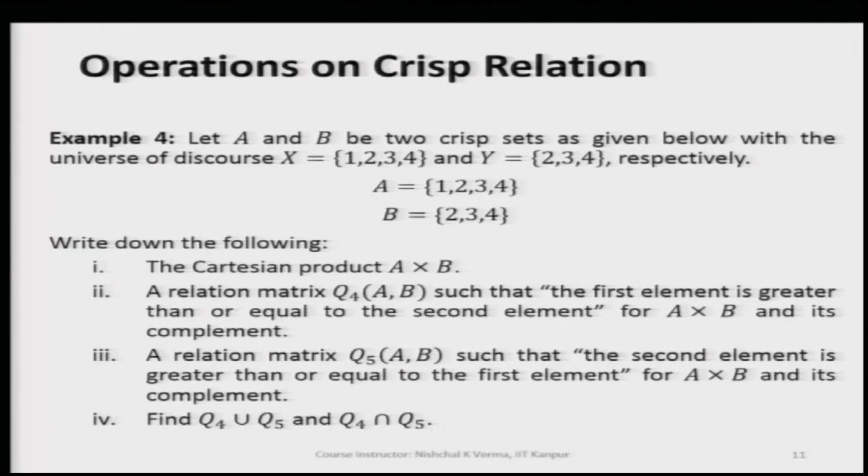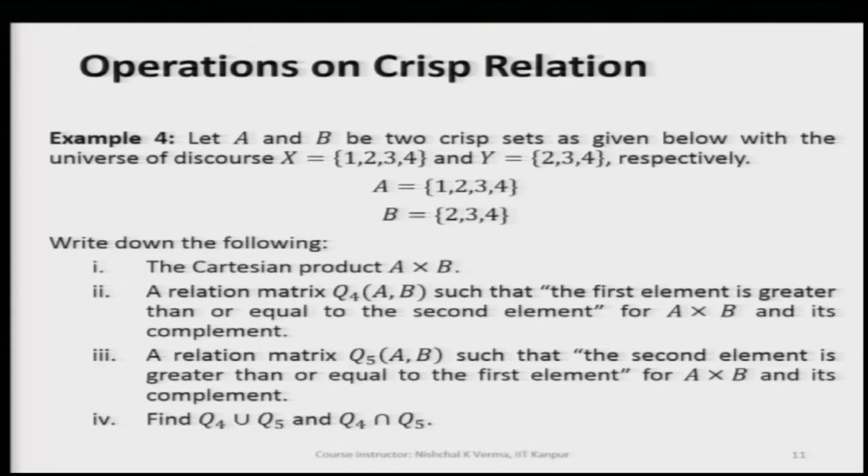In this example we have taken two crisp sets A and B. Let us first understand that the universe of discourse of both the sets, capital X and Y, is also the same.